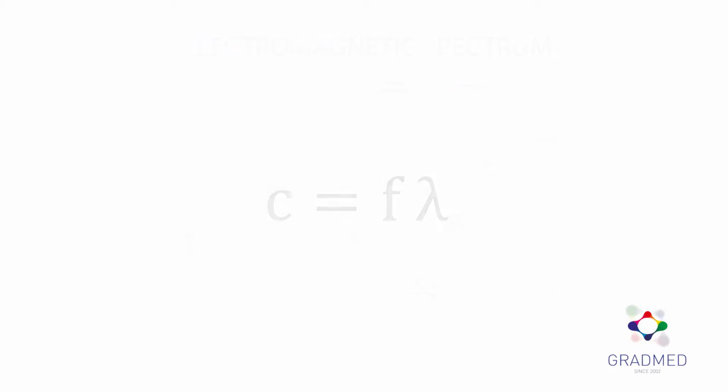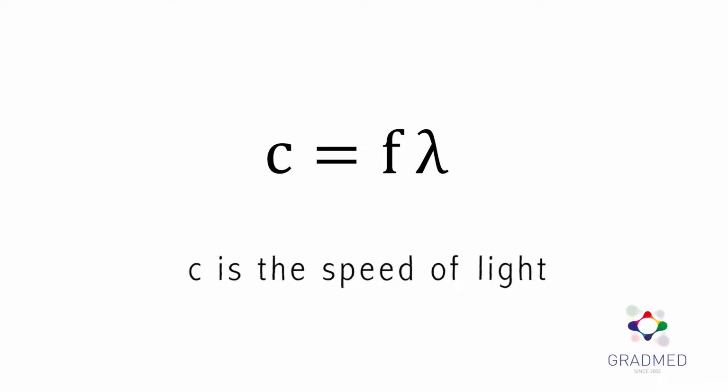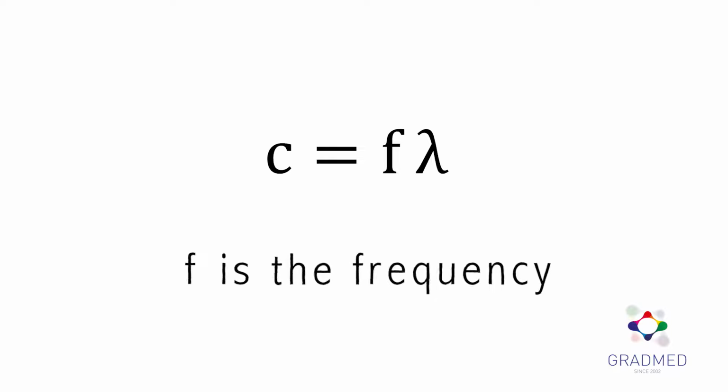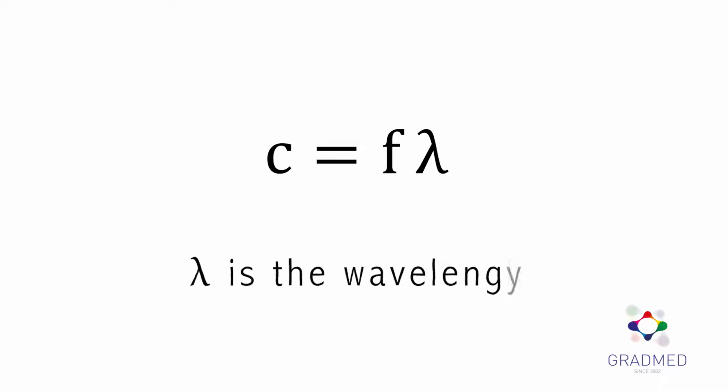Also, the equations which relate to the electromagnetic spectrum also apply to X-rays, including the wave equation shown here, where c is the speed of light, f is the frequency of the X-rays, and lambda is their wavelength.